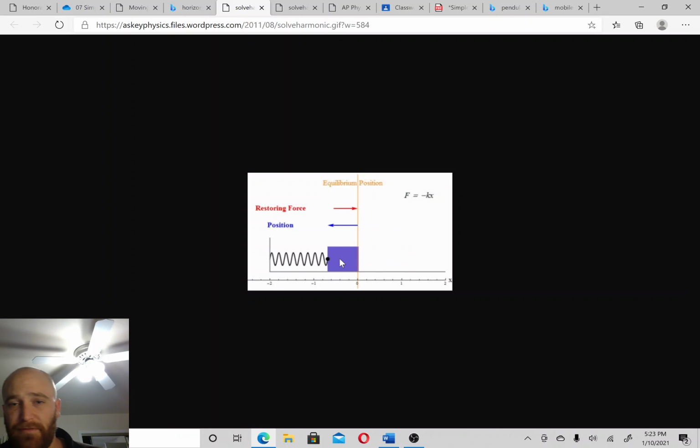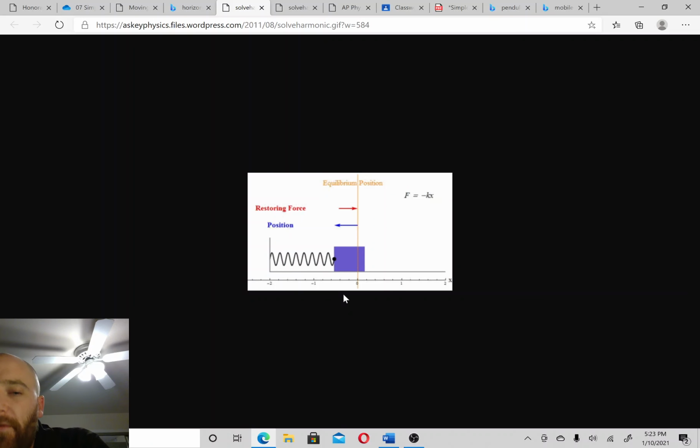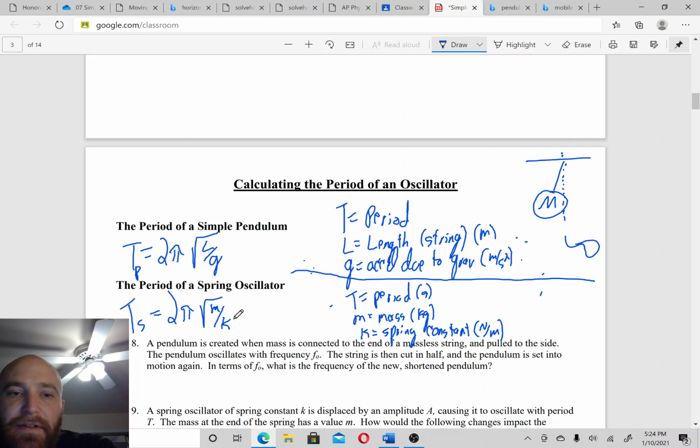It would take you a long time. And so a large mass gives you a longer period. Notice mass is in the numerator of this fraction, meaning that as this goes up, the period will go up. Now k, the spring constant, remember that's how strong the spring is. So a stronger spring is able to snap this mass back and forth much more quickly.